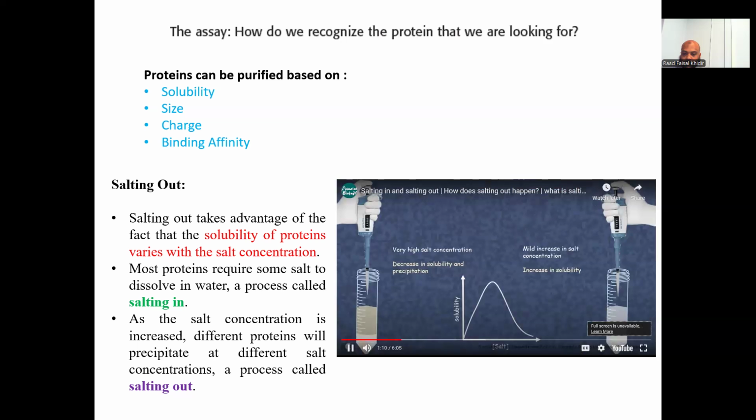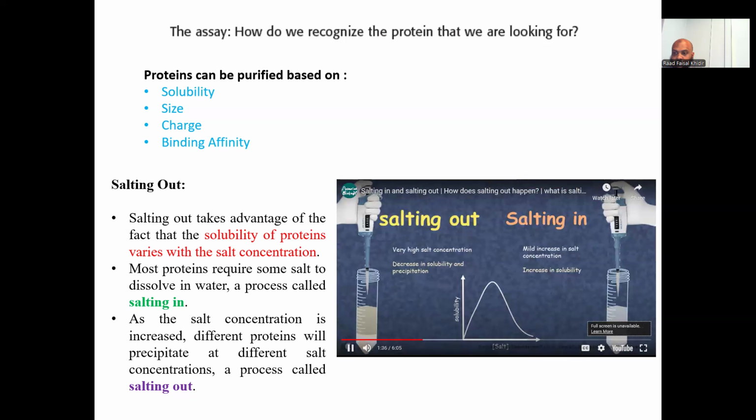Later, with the increase of salt concentration, there is a decrease in the solubility. The first phenomenon is popularly known as salting in. With increase of salt concentration, there is increase in solubility. The second condition is known as salting out. With very high salt concentration, the proteins are precipitated out. Have you ever wondered how this actually works at a molecular level?